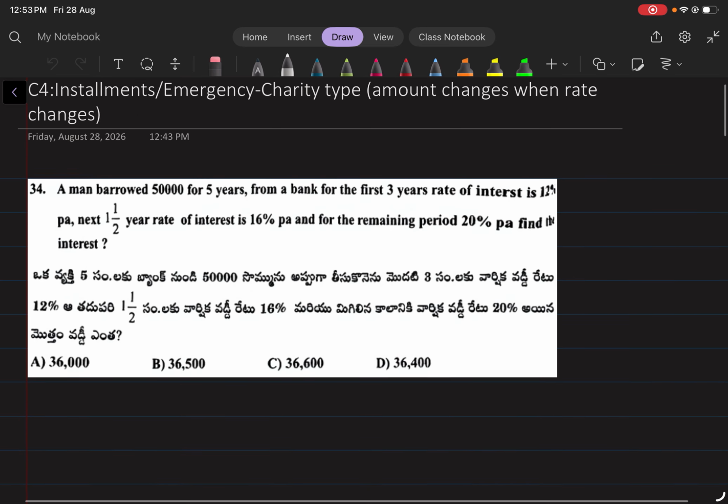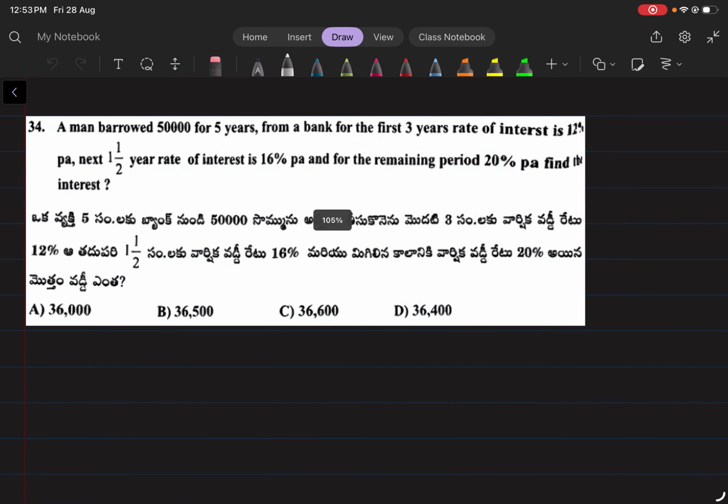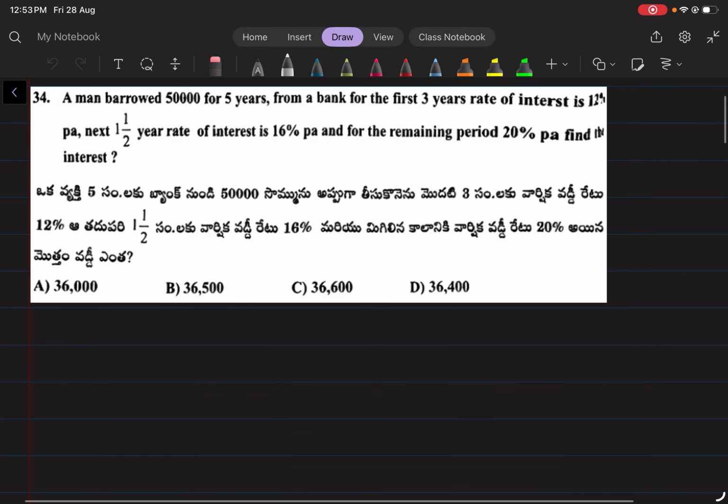We'll see the problem. Question number 34: a man borrowed 50,000 for 5 years from the bank.